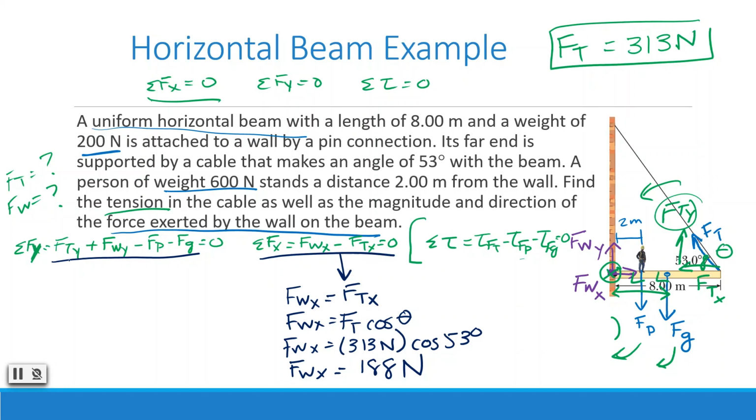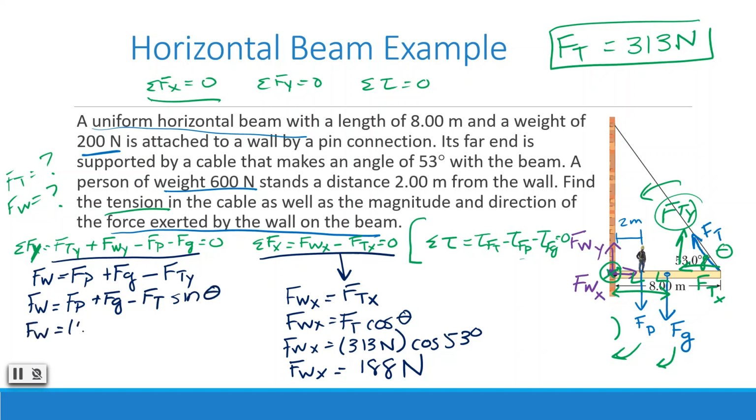And then over here on the other side, Fty, I can solve for Fwy, is going to be Fp minus Fg, nope, Fp plus Fg, so we got to add those to the other side, minus Fty. So Fwy is going to be Fp plus Fg minus Ft sine of theta.